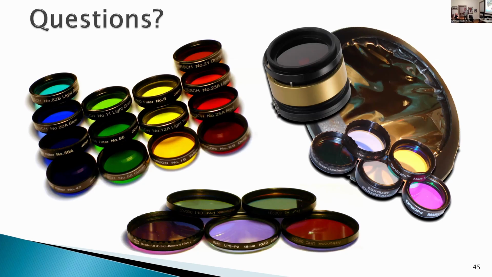Gotcha. Any more questions? I got a question online. Go ahead, Blaine. Yeah, this is Blaine. I have a Hyperstar and I've been doing imaging with both OSC and monochrome ZWO cameras. I have been using the moon and sky glow filters, the Optolong one with the OSC camera, and the beta version with the monochrome. I guess my question is probably two parts.